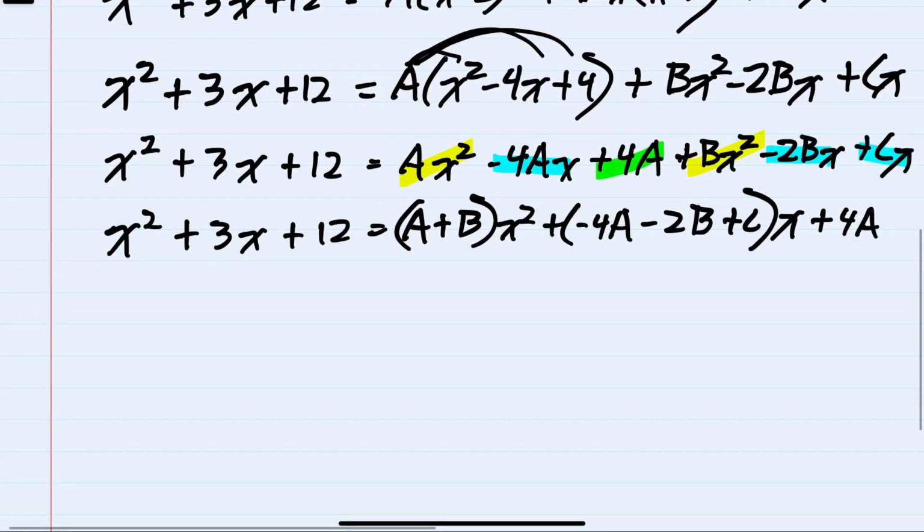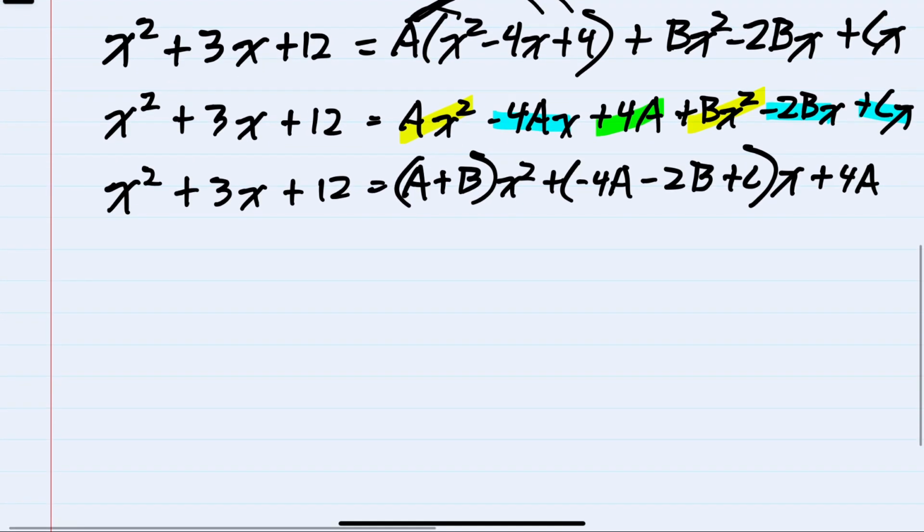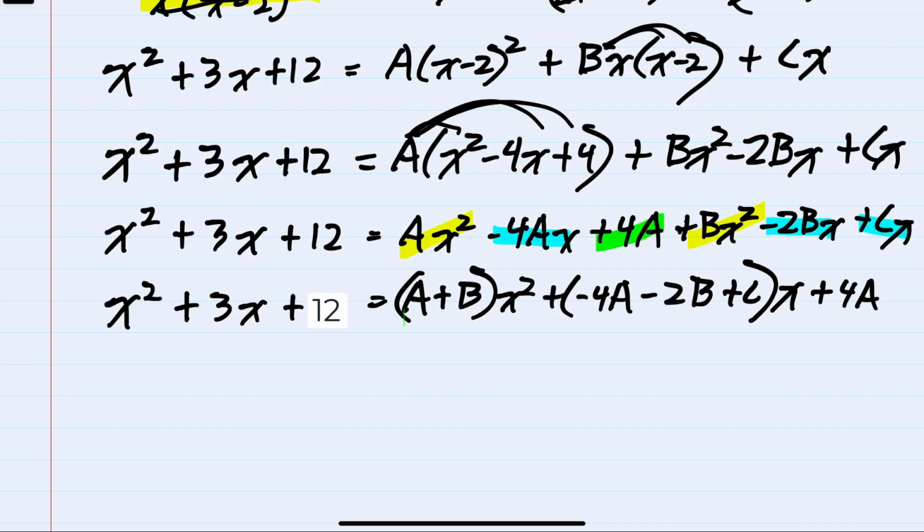From here, looking at the left-hand side and right-hand side, the coefficient in front of x squared on the right is A plus B, and the coefficient in front of x squared on the left is 1. So 1 equals A plus B. And then the coefficient in front of x on the right and the coefficient in front of x on the left must be equal.